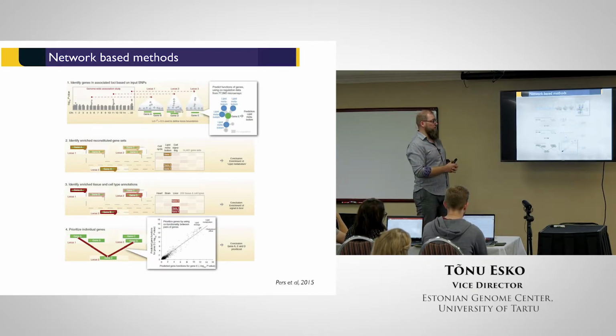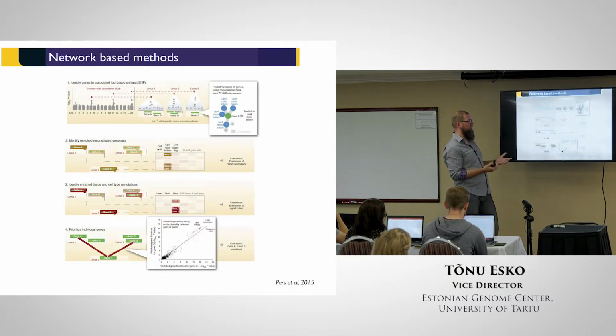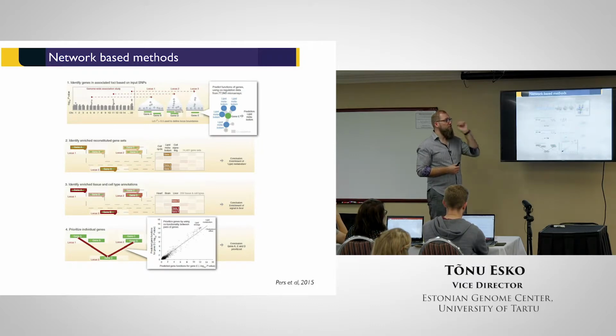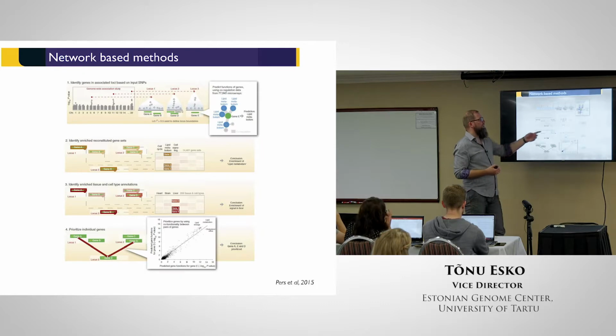Based on all the genes across all the loci, you can start to ask questions. Which of the biological pathways are enriched across all your regions, and in which tissues are these enriched pathways present? So you can do this kind of prediction-based work and prioritize the pathways.